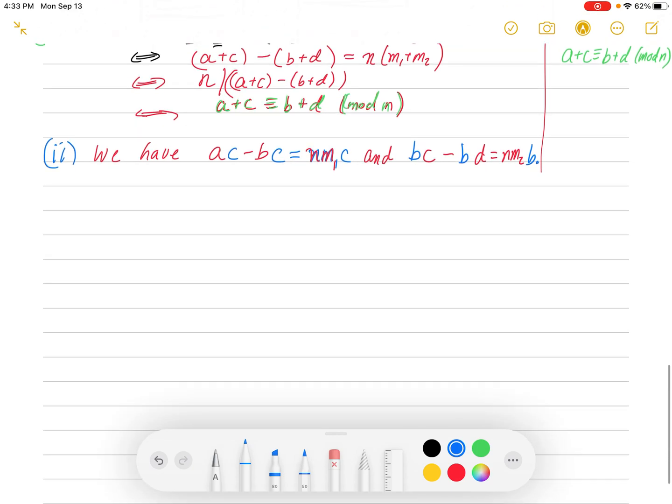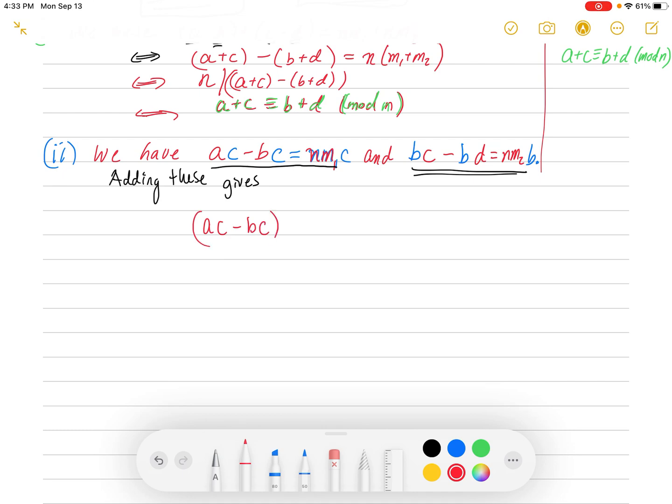Now, I got these two equations. I'm going to add them together. Adding these two equations that we have right here, this one and this one, gives what? Well, I'll have AC minus BC on the left, plus, also on the left, BC minus BD, equals, then we're going to add the right sides, nm1C plus nm2B.